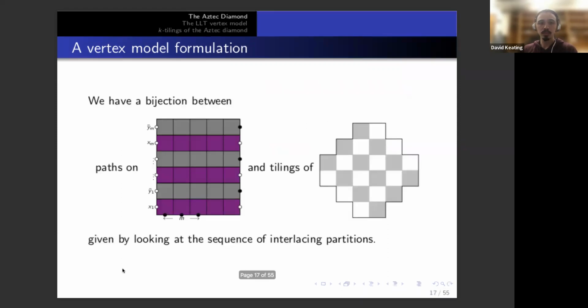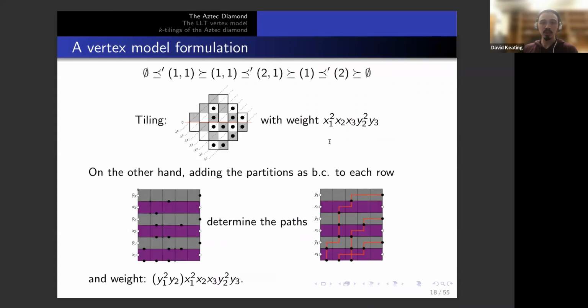Okay. So now we have a bijection. The point of all this is we have a bijection between paths on this and tilings of the Aztec diamond by going through these sequences of interlacing partitions. So for example, in this one we did before, where we had 1, 1, 1, 1, 2, 1, 1, 2. So we start with the empty partition on the bottom.